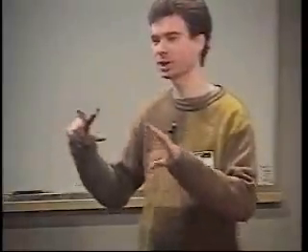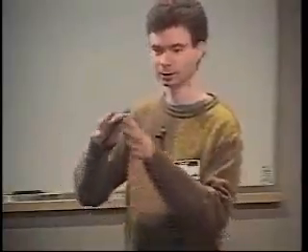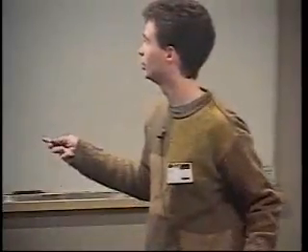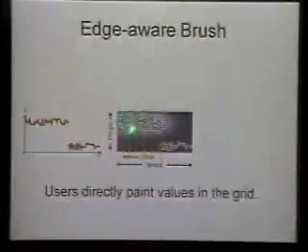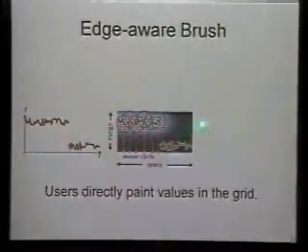It's the very same type of painting that you do in Photoshop, but here we do it directly in the grid. We do a very smooth editing of the grid, and the user clicks here. We add a small Gaussian in the grid at this location. So we create these values in the grid. The dark gray values are the default values in that case.